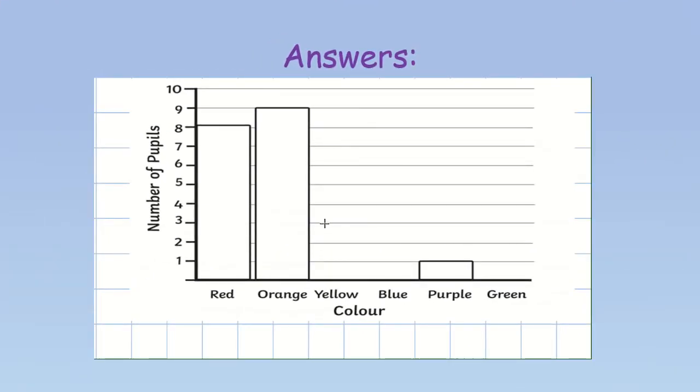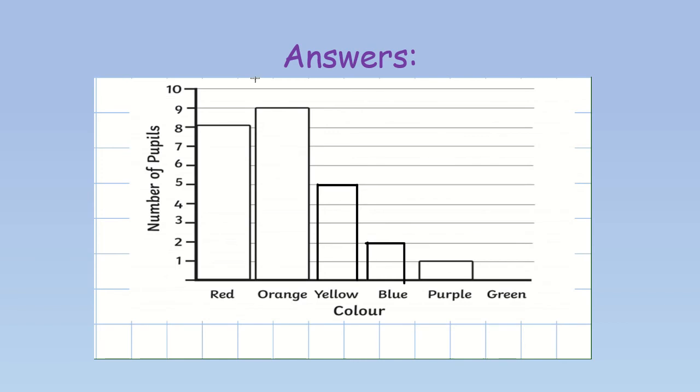So using that data, we know that yellow went up to 5 pupils. So your bar chart should look something like this. Yellow up to the number 5. Blue had 2 pupils. So blue up to the number 2. Purple had 1, which has been done for you, and green had 7.